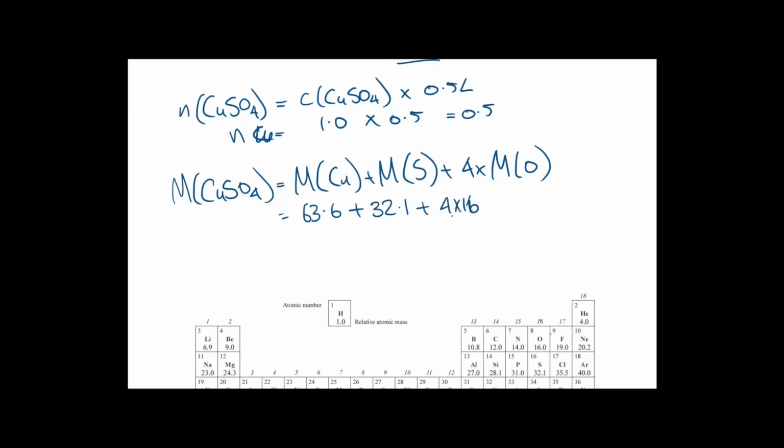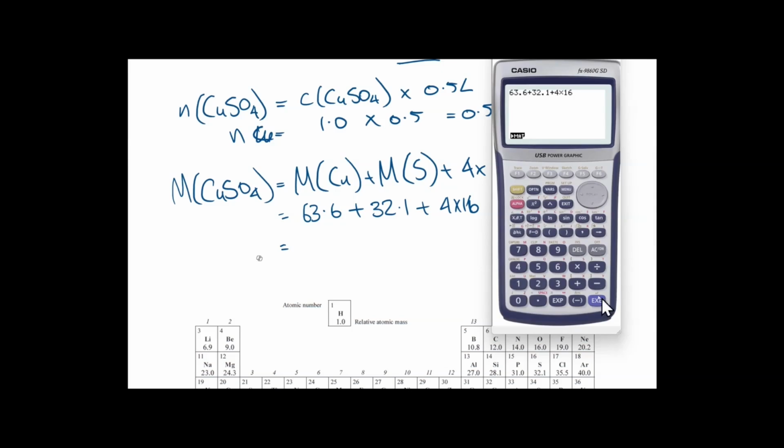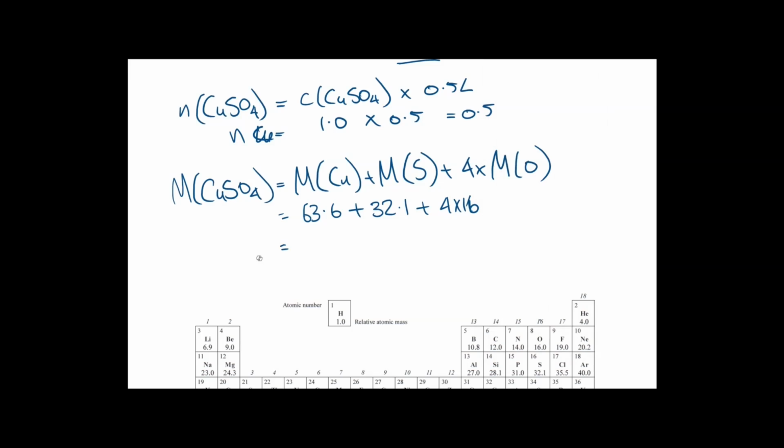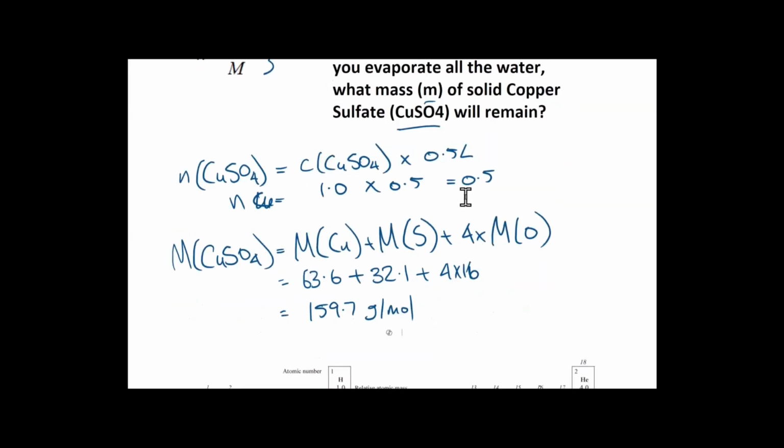We've used the molar mass of oxygen a lot. Let's work that out. Okay, so 63.6 plus 32.1 plus 4 times 16. Let's move this so you can see it. And that's going to be 159.7 grams per mole.